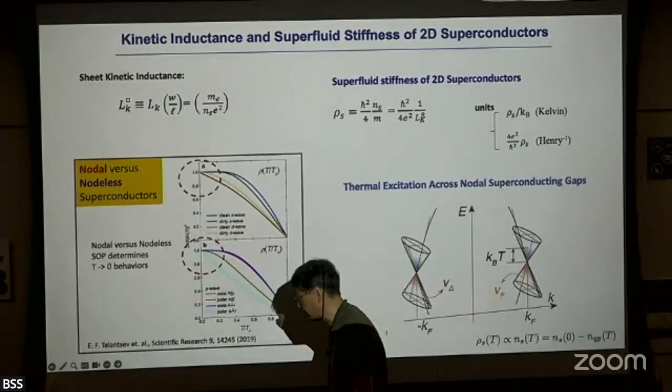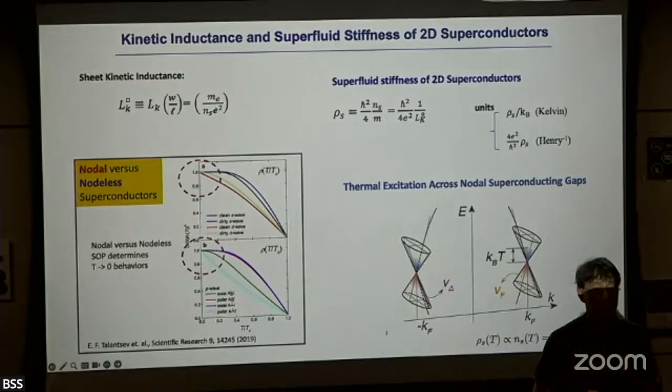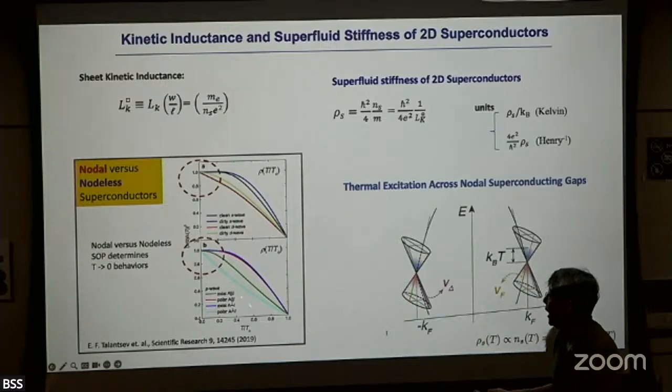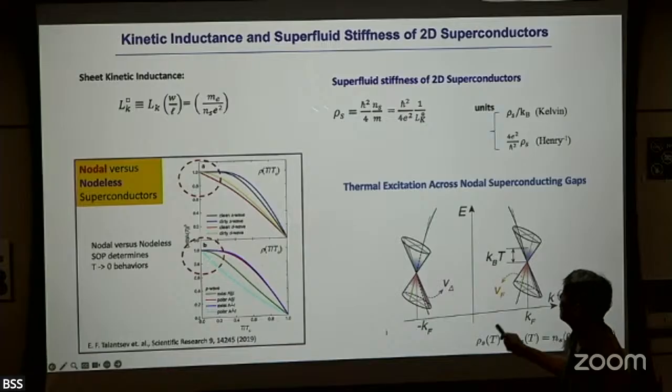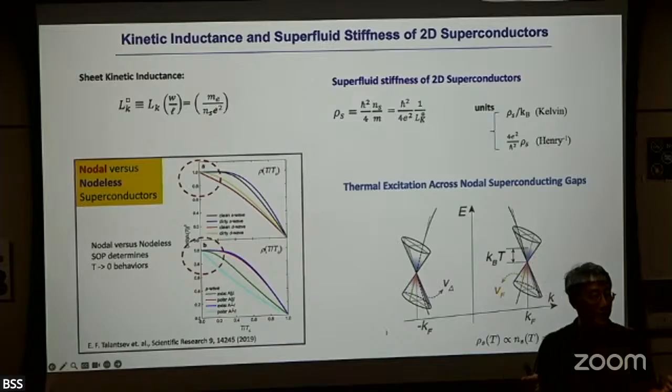So experimentally, we measure kinetic inductance as a function of the temperature of the system. The inverse of kinetic inductance, which gives the superfluid stiffness, decreasing with temperature steeply and especially linearly points to a nodal superconductor.